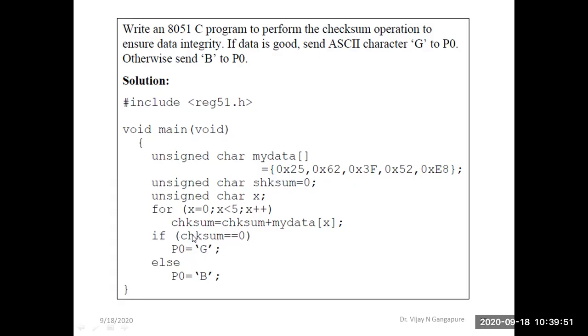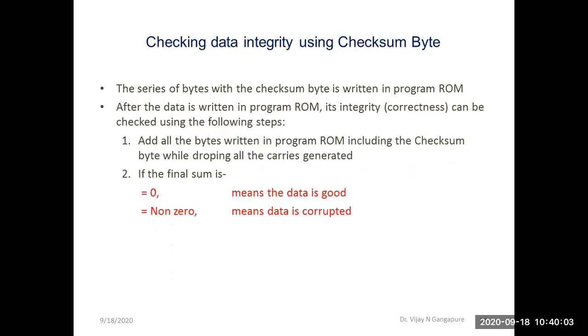If the value in checksum is 0, what does it mean? That data is correct. It is not corrupted. According to the steps involved in checking data integrity that we discussed, if the final sum is 0 it means data is good, and if it is non-zero it means data is corrupted.